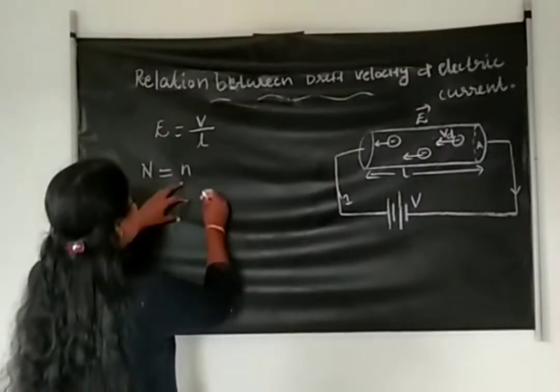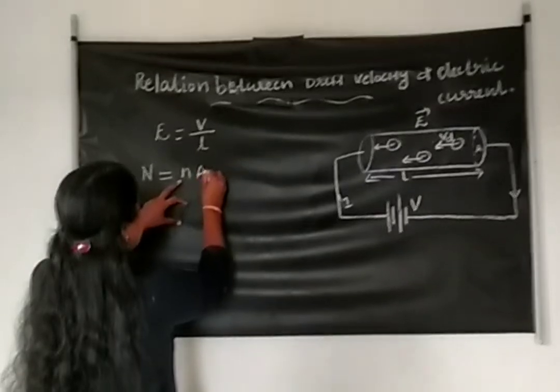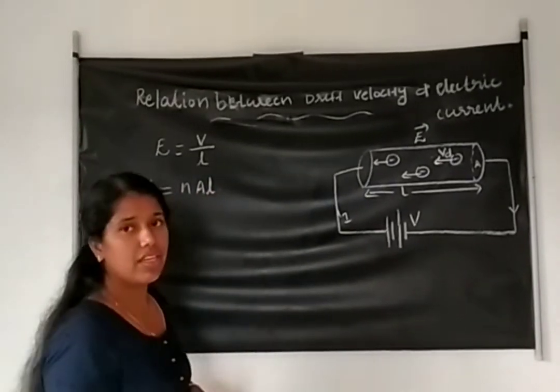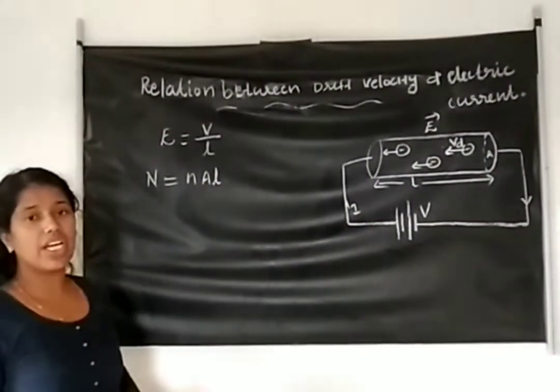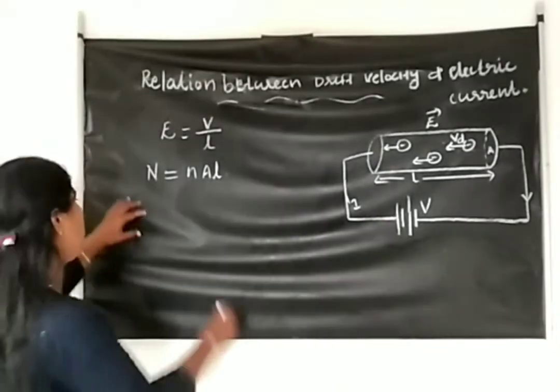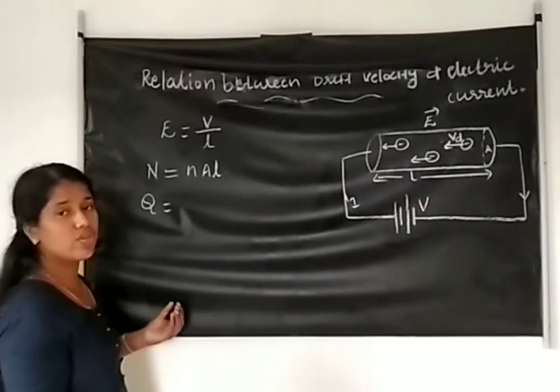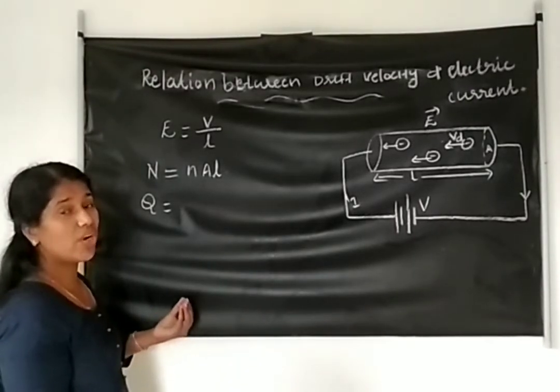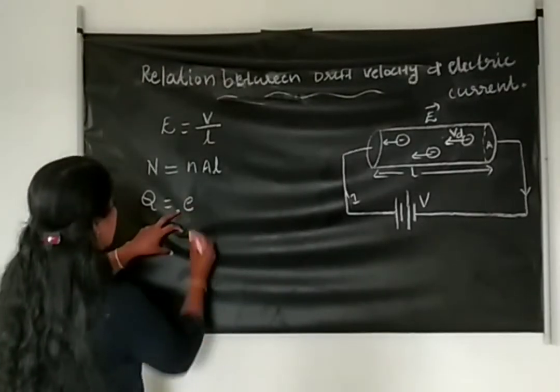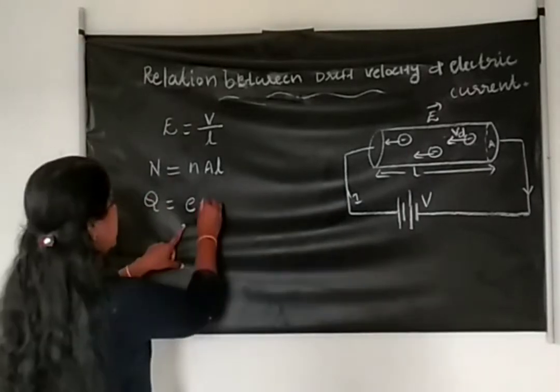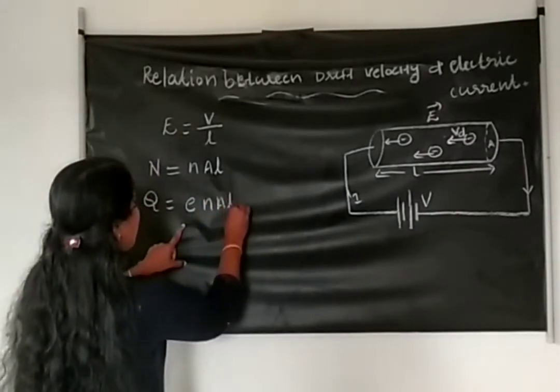Volume is area into length, so N = nAL. Then the total charge Q is equal to the charge of each electron, e, into nAL.